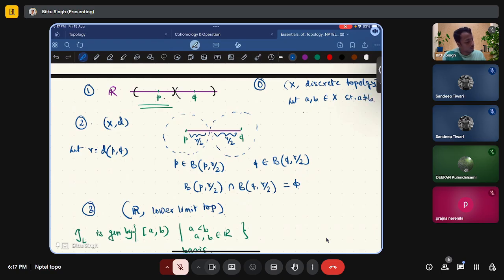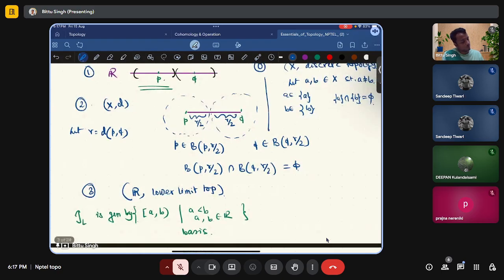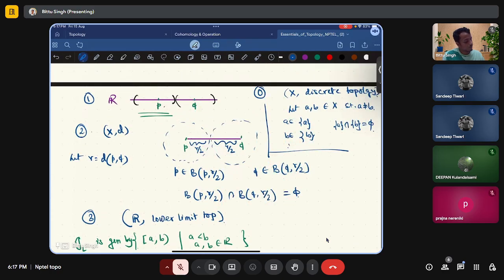Then you can always choose the open sets {A} and {B}, because this is discrete, everything is open. A belongs to {A}, B belongs to {B}, and the intersection is empty, right? Therefore this is T2, this is a Hausdorff space.